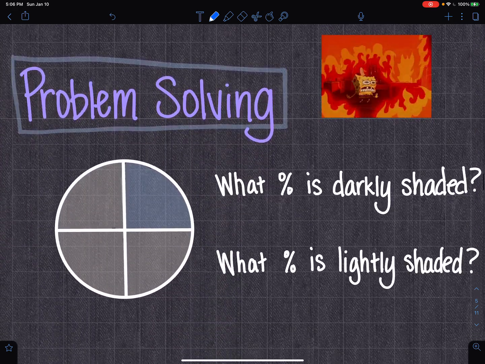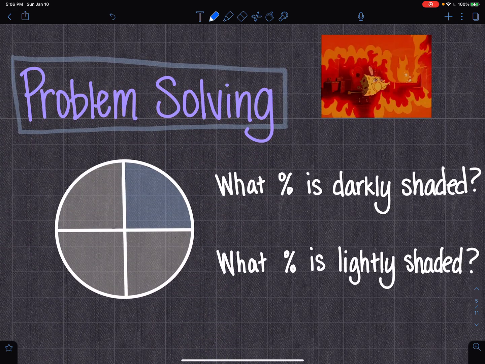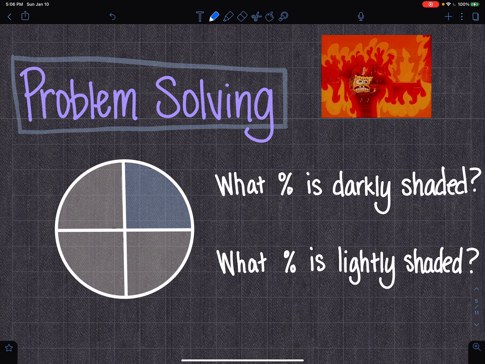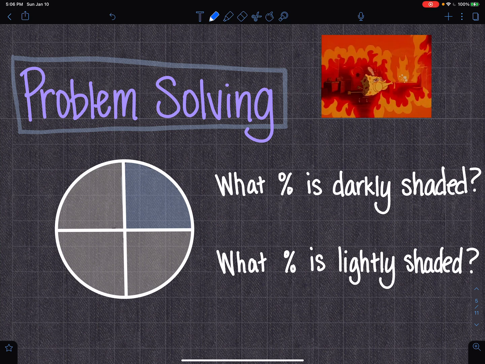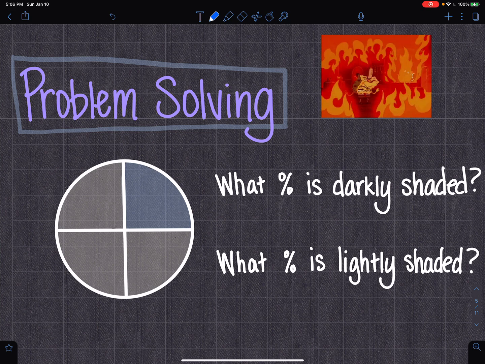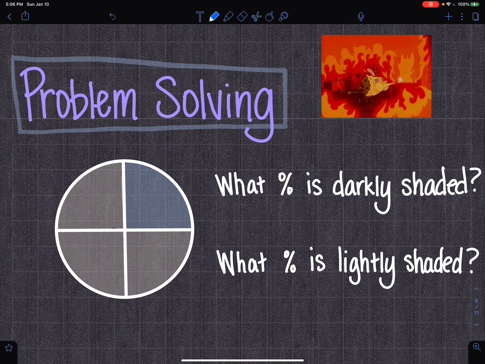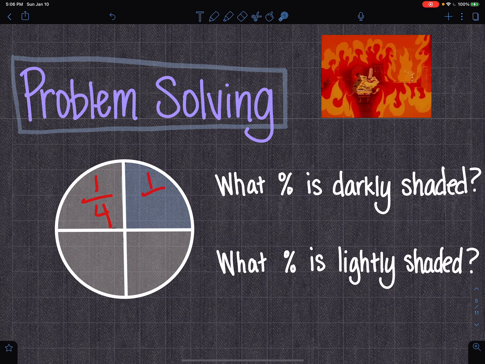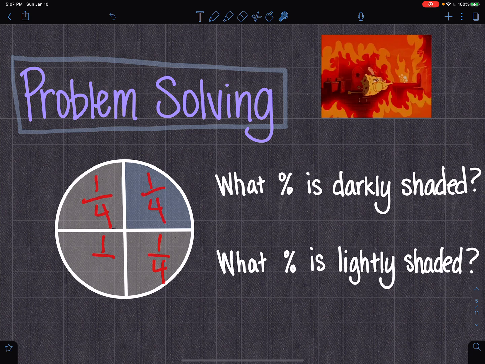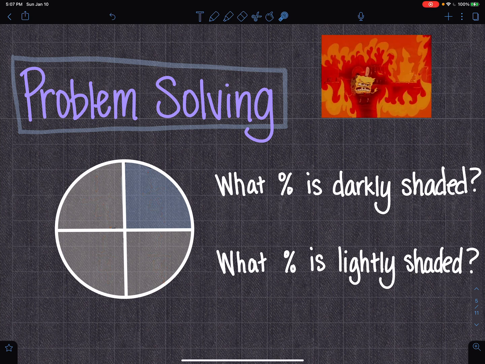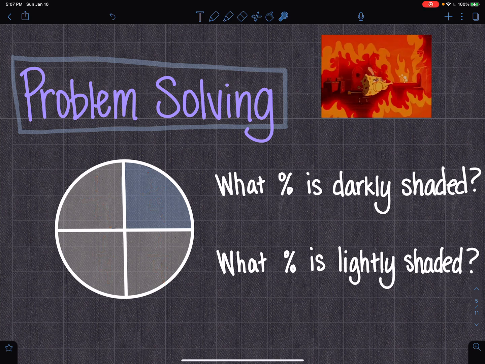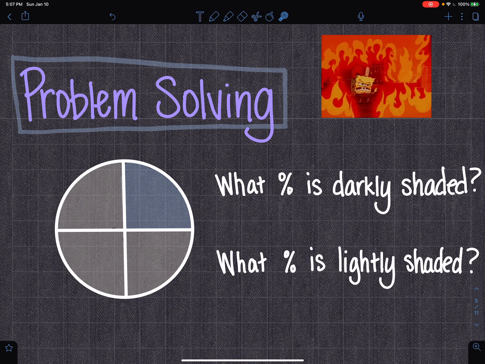All righty, let's move on to problem solving. Problem solving wants to know, this whole circle has been divided into quarters. That means there's 1 quarter here, 1 quarter here. A quarter, like 1/4, is 1 quarter of something. So it's been divided into quarters. What percent of the circle is darkly shaded?